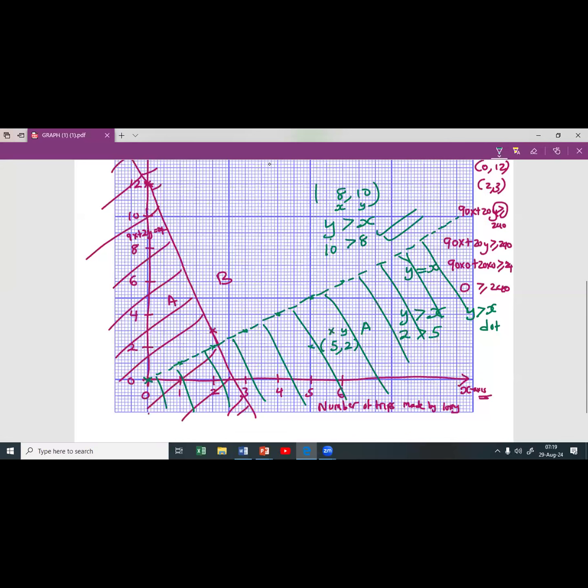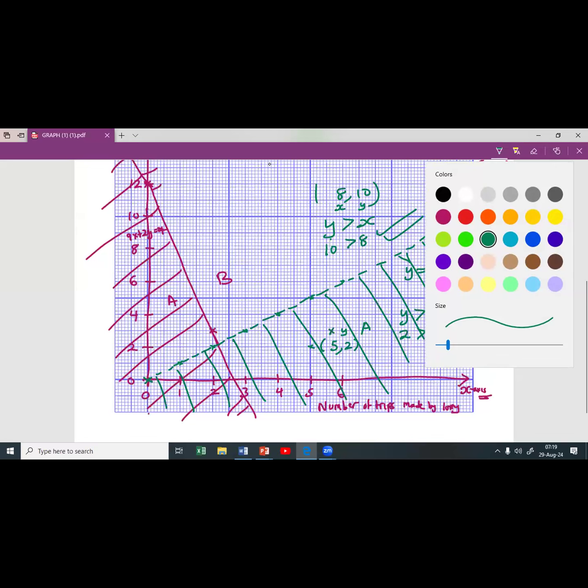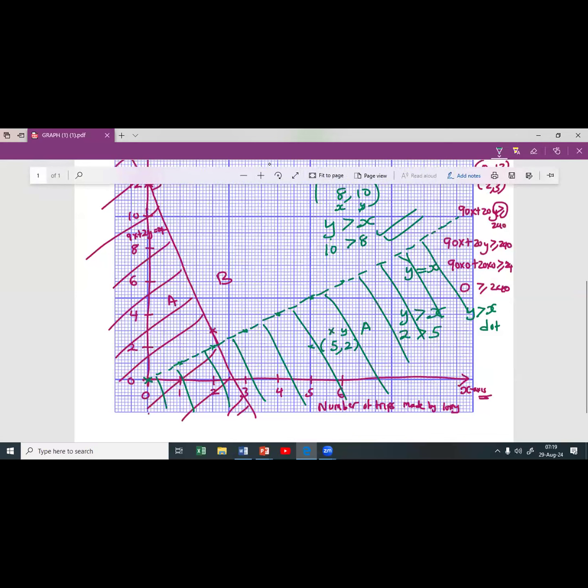Then you shade the opposite one. Now, if you had chosen a point below here, it wouldn't have made sense, so you shade it also. The one that doesn't make sense is the one you shade. The one that makes sense, you don't shade it. Is that fine? Yes, that's fine.